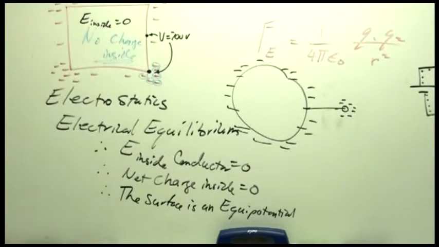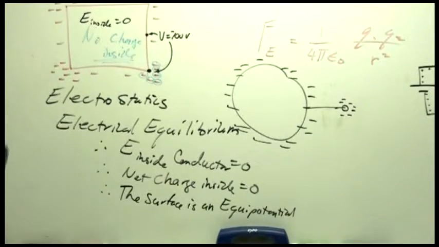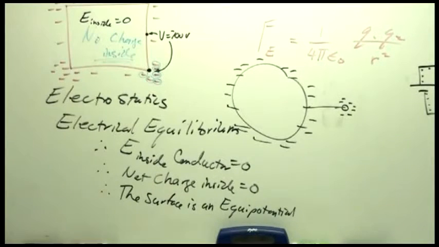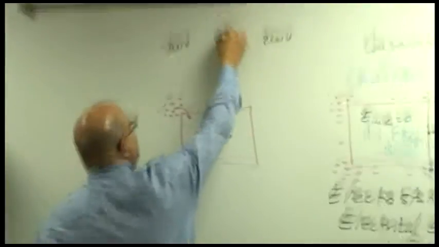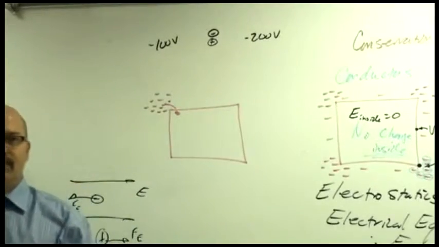Because if it wasn't, remember, if I have a spot here that's negative 100 volts and a spot over here that's negative 200 volts, if I put a positive charge right there, which way would that positive charge want to move? To the 200. It wants to go to more negative, right? And if I put a negative charge here, where would that one want to move?